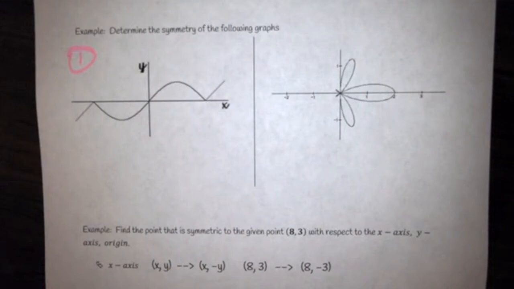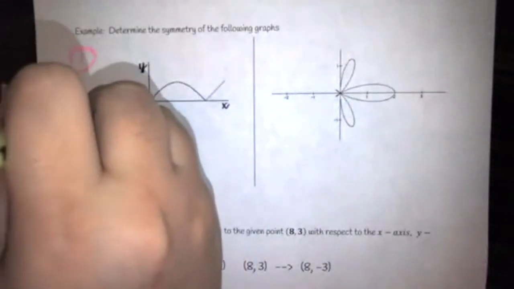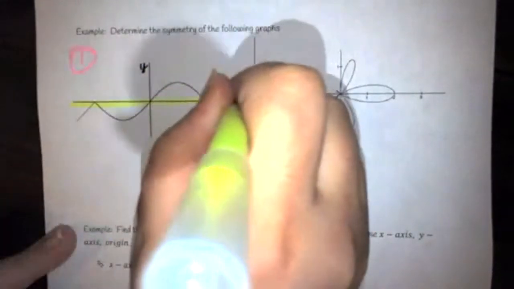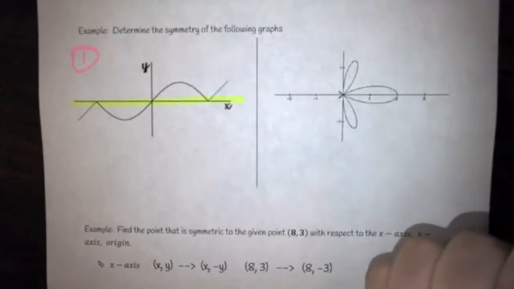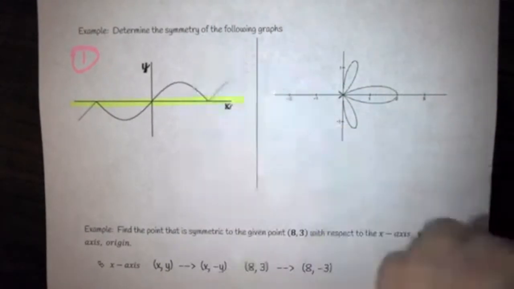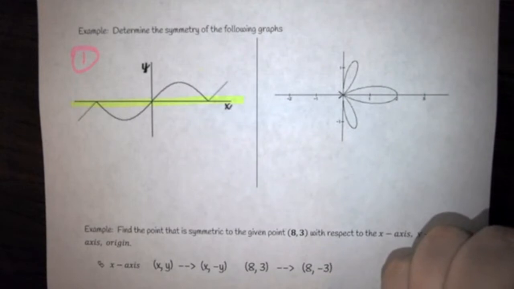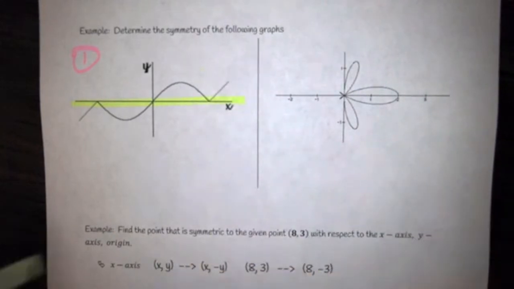Well, first of all, if I look at my x-axis, so this axis right here, and I fold it along the x-axis, is what's on the top matching directly to the bottom? Well, clearly you can see the answer there is no. Therefore, you do not have x-axis symmetry.